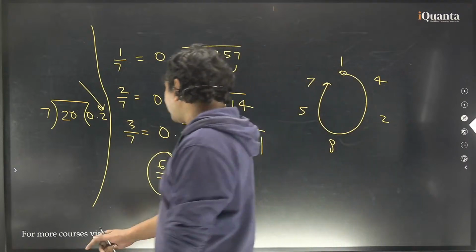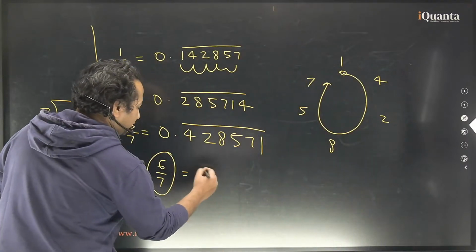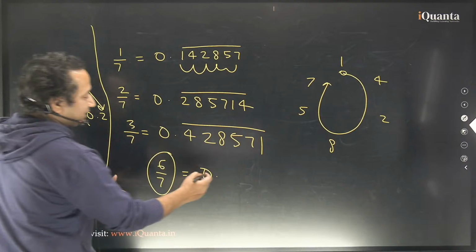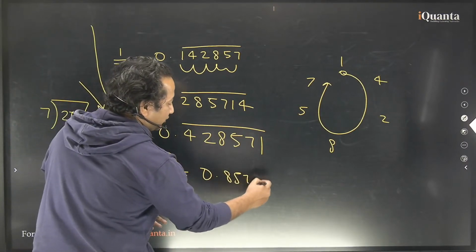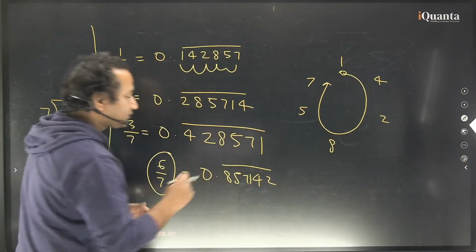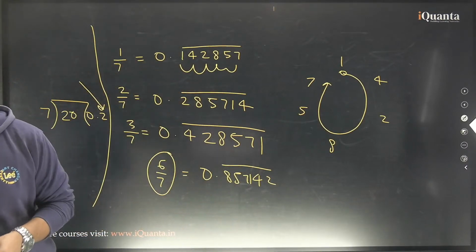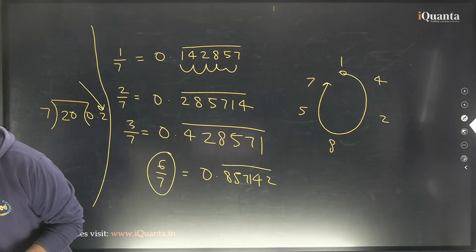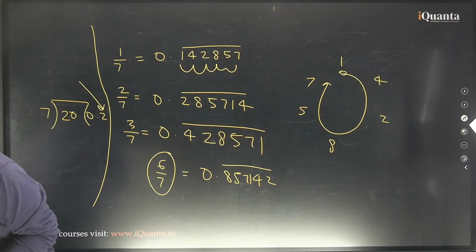Exactly. So you identify the first digit, 0. If you put a point, this becomes 60. 7 8s are 56, and after that, in the same order, we'll get 8, 5, 7, 1, 4, 2. All right, very good. So all of you have understood it automatically. Tushar, well done. Cool.